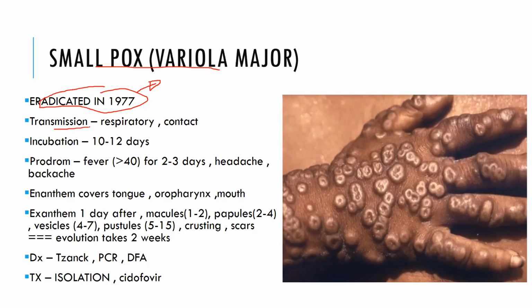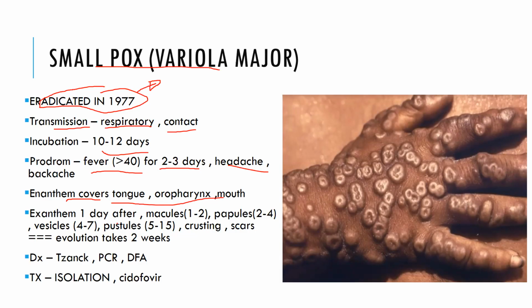Transmission is usually through the respiratory tract or direct contact with the lesions, and it has an incubation period of about 10 to 12 days. This is followed by a prodrome of fever above 40 degrees Celsius, lasting about 2 to 3 days, with headache and back pain. After that, the patient develops a rash in the mucosa, what we call an enanthem, covering the tongue, oropharynx, and the mouth.